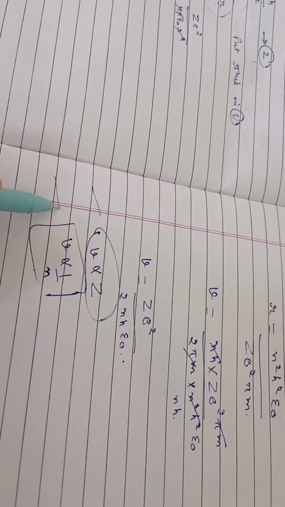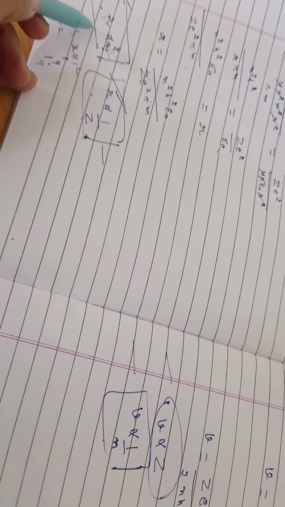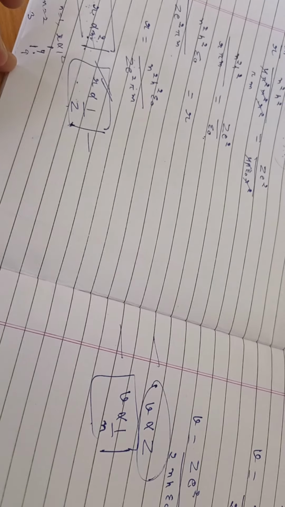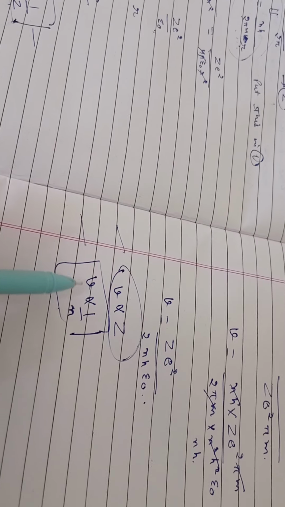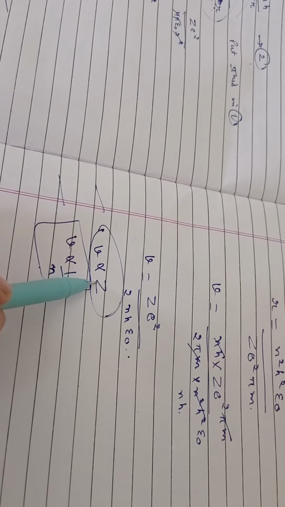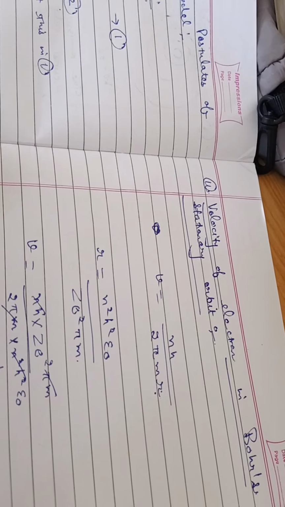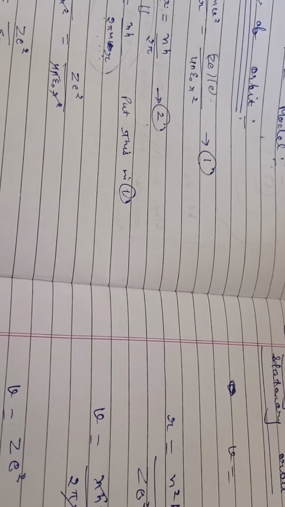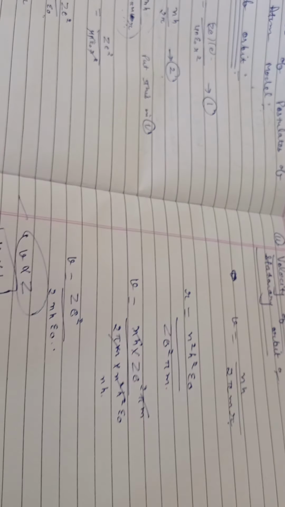You will note down these points. These points may come in the form of MCQs or short answer type questions: how r varies with n, how r varies with z, how velocity varies with n, how velocity varies with z. And a long answer type question for 3 marks: derive the expression for velocity, derive the expression for radius. Okay, students, thank you. Have a nice day.